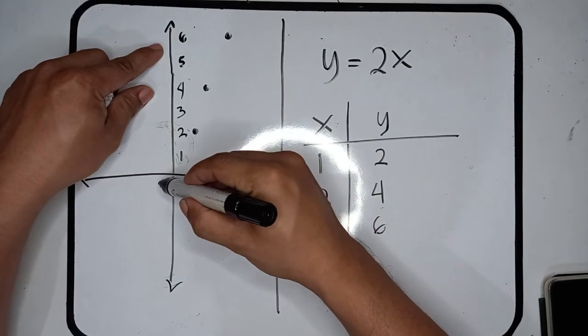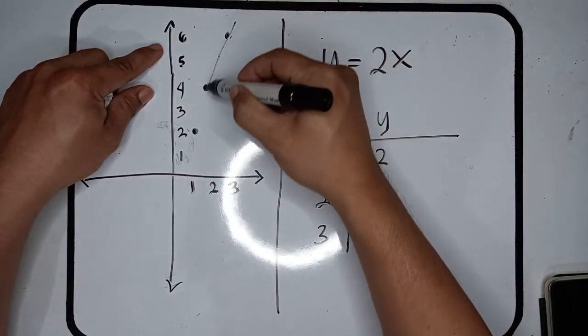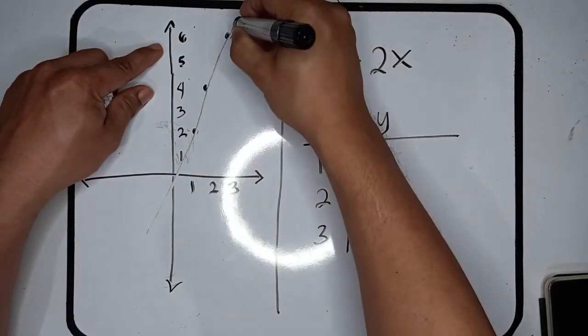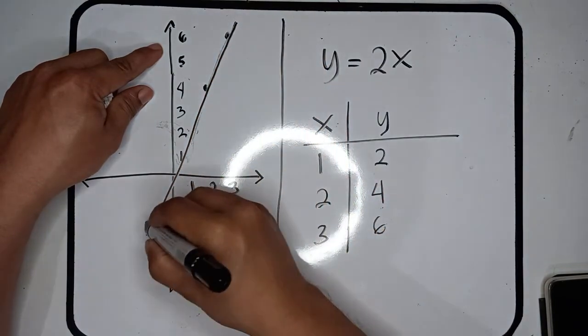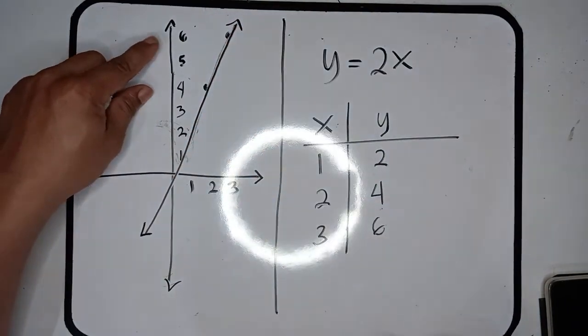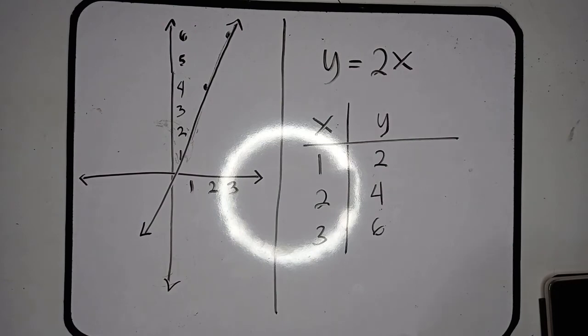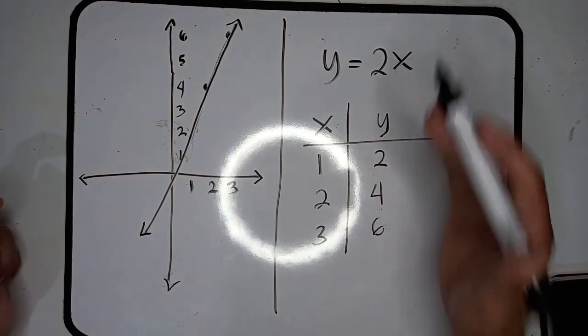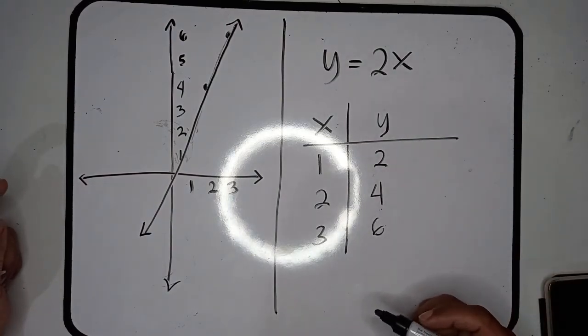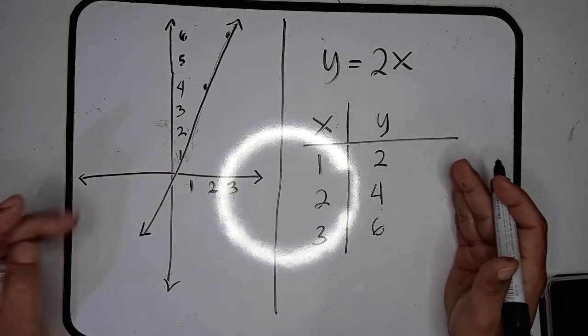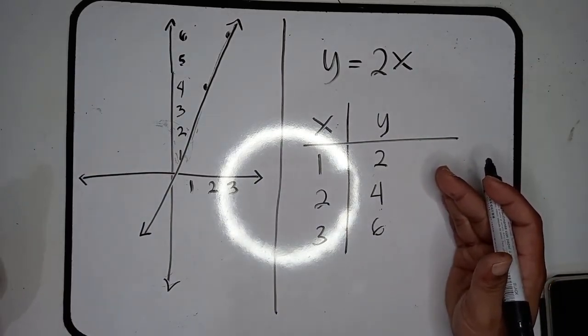So this is now the line that we have given this equation. This is how we plot this equation on our x and y axis.